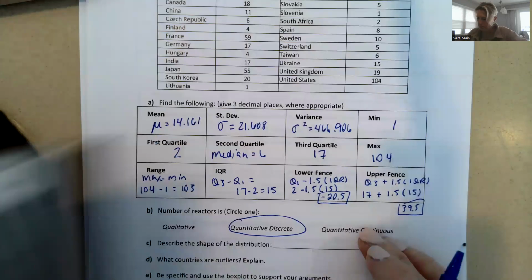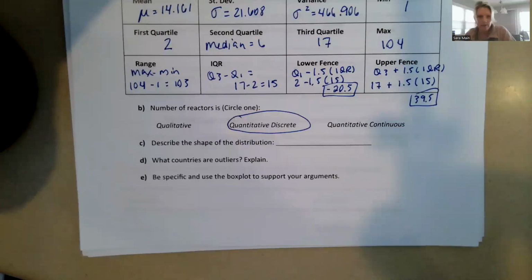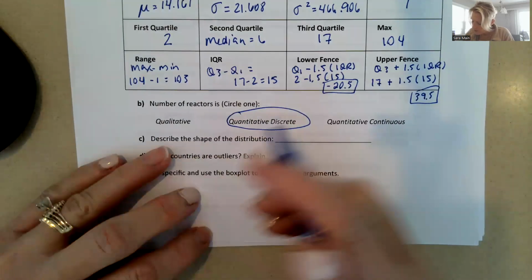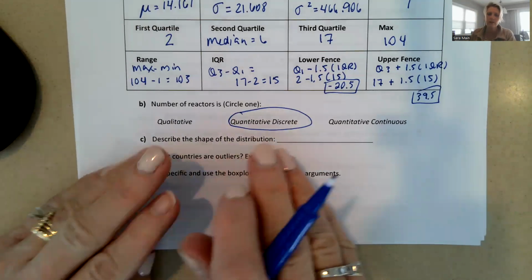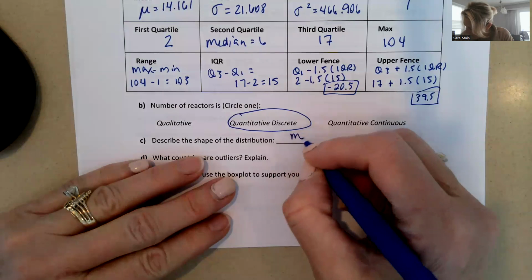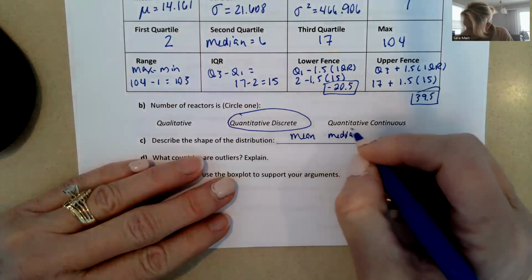Okay. Now it says describe the shape of the distribution. So whenever I want you to describe the shape, some of you on your project, you still weren't there in your understanding. I want you to compare the mean on the left to the median on the right.